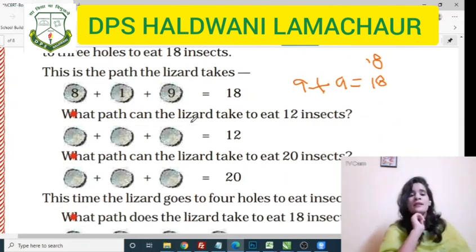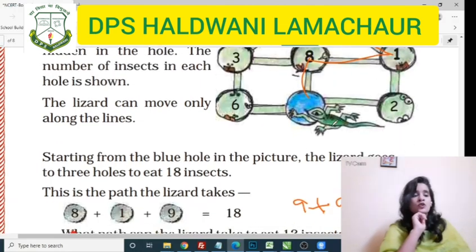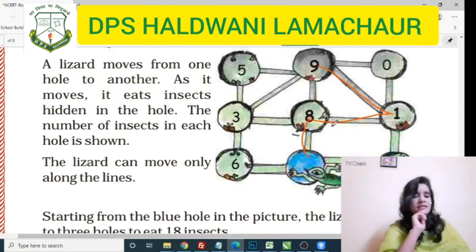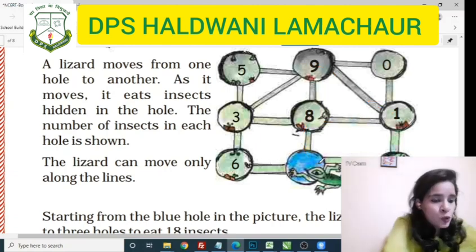So what path can the lizard take to eat 12 insects? Now to eat 12 insects, which path will it take? Let's see. So 2, then 1, 2 plus 1 is equal to 3, 3 plus 9.